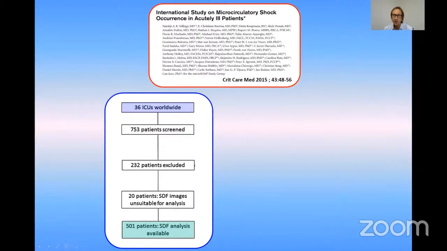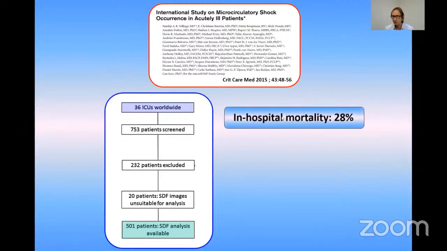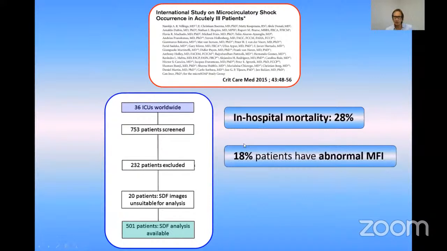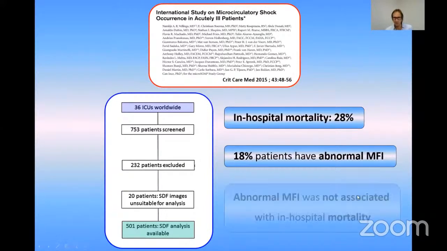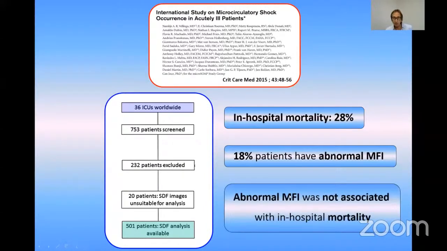All these patients had assessment of microcirculation of the sublingual territory using the same video microscopy technology, and these patients were very severe. The in-hospital mortality was 28%, which is high, and surprisingly, only 18% of these patients had abnormal MFI, microvascular flow index, and also abnormal MFI was not associated with in-hospital mortality.